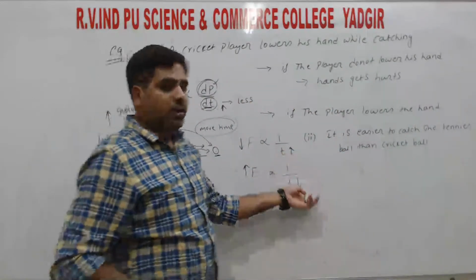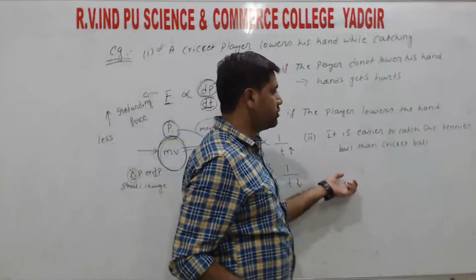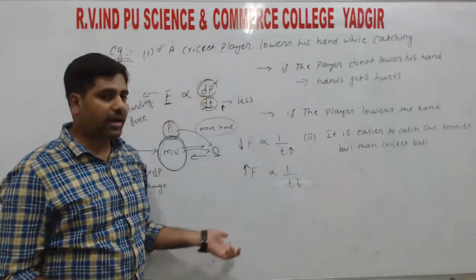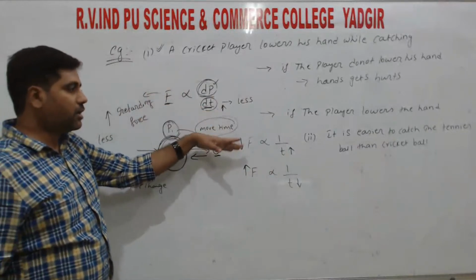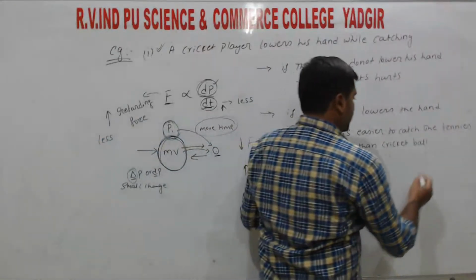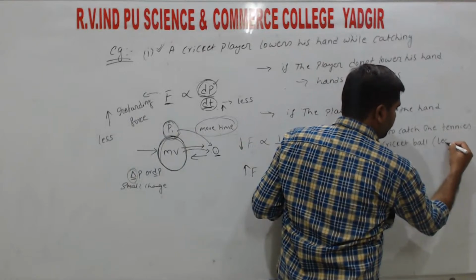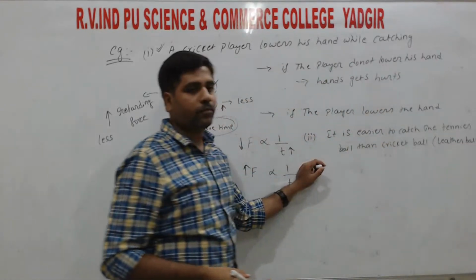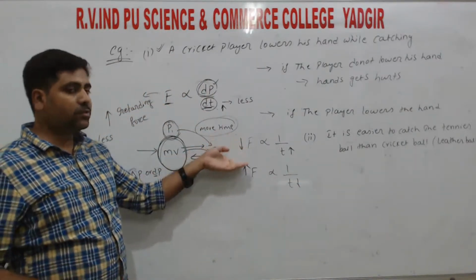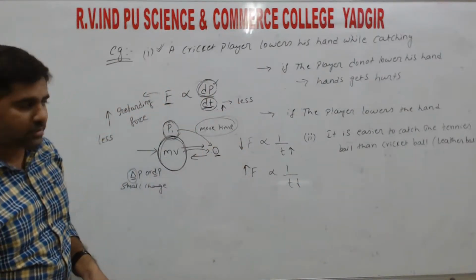We have plenty of examples like this in our daily life. On the basis of this statement, we have taken two examples here. A cricket ball is nothing but a leather ball, right? So two different cases will be explained with similar examples, right?